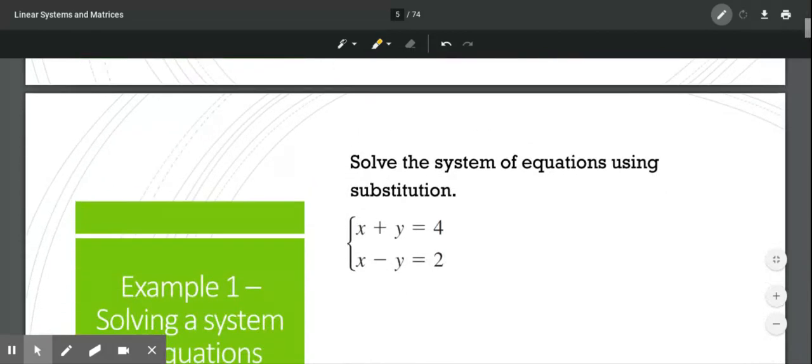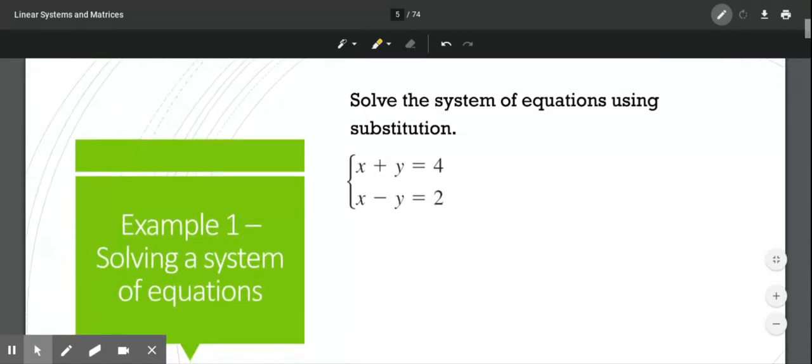So if we look at this first system, if we're using substitution, what we're going to do is solve one of these equations for a variable and substitute it into the other equation. So if I look at this second equation, if I solve this second equation for x, then I would have that x equals 2 plus y.